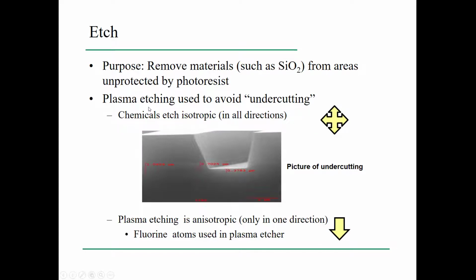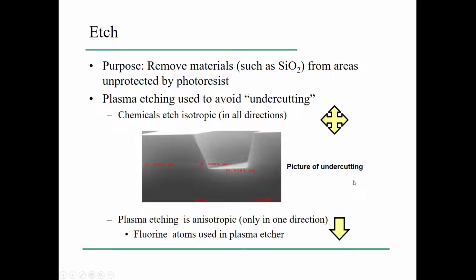So what happens when you use chemicals to do the etching on an integrated circuit is that you won't get nice vertical walls. Because the chemicals etch in all directions, you'll get this sloping that's shown in this picture here.